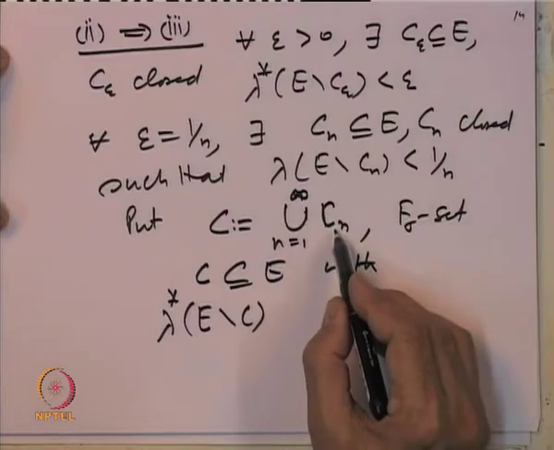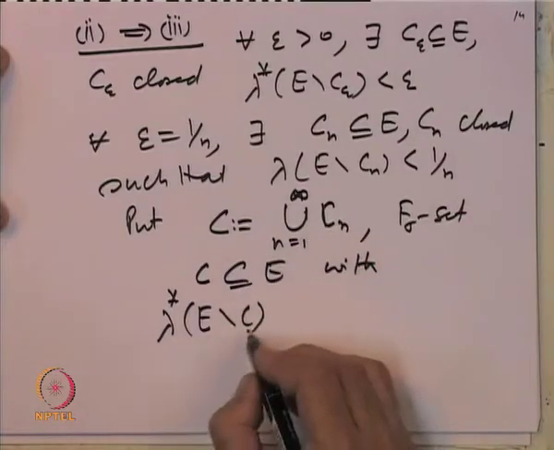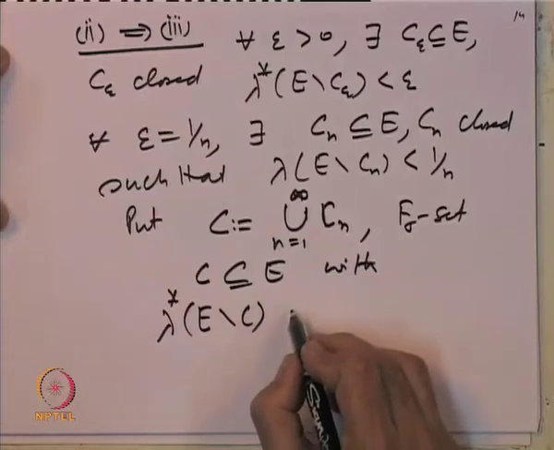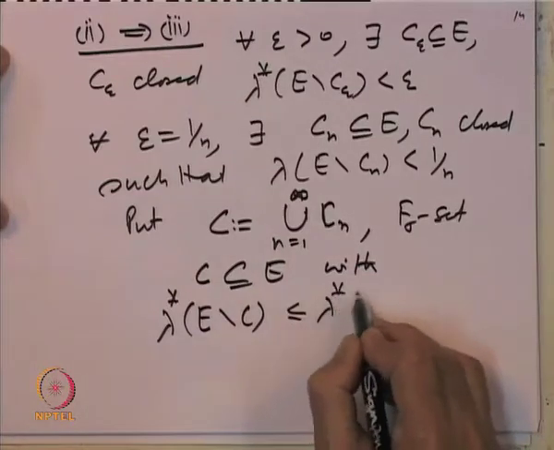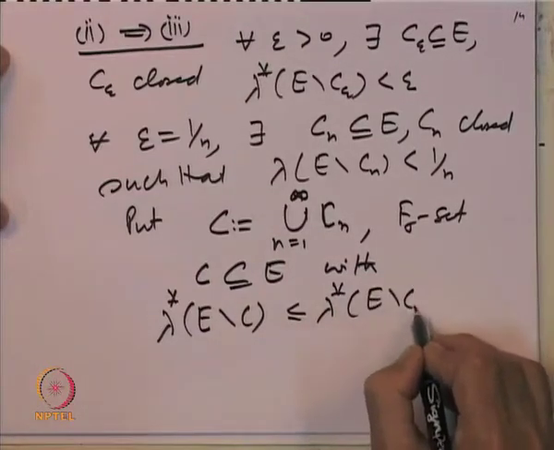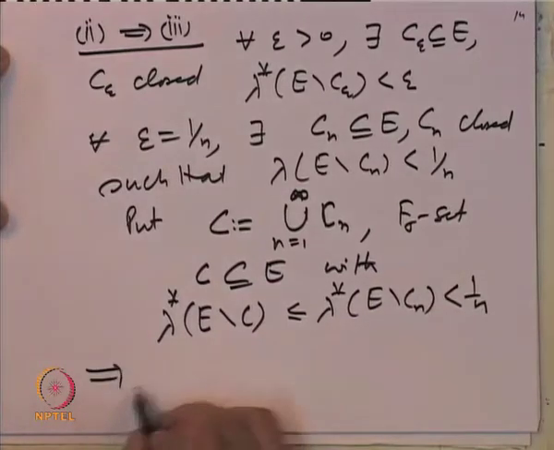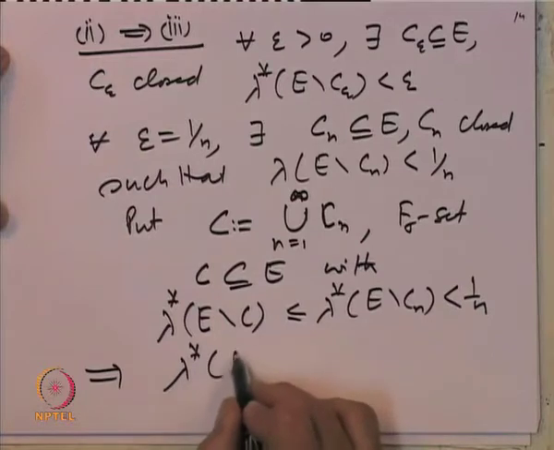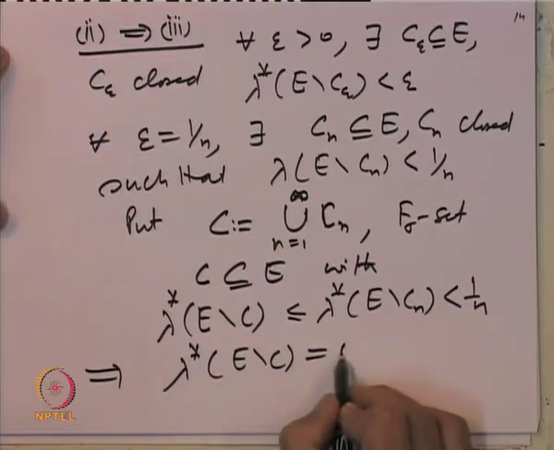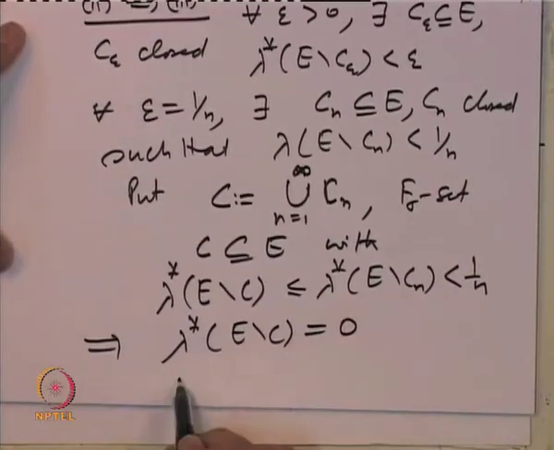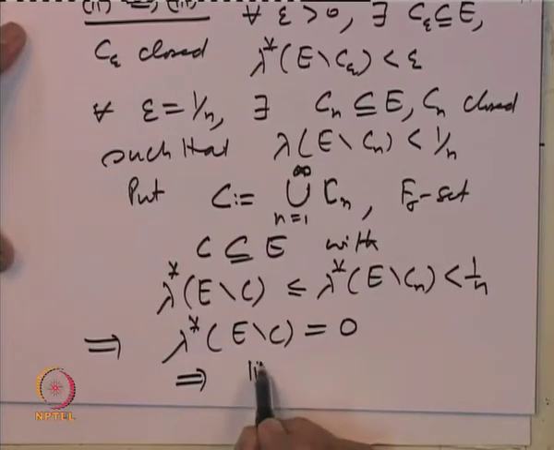If I take only one of them, E minus C will be a subset of E minus C n. So, it is less than or equal to lambda star of E minus C n, which is less than 1 by n. So, lambda star of E minus C is equal to 0, and hence 3 holds.